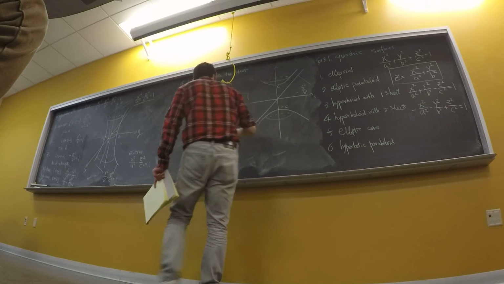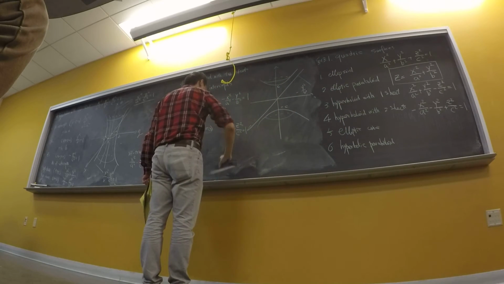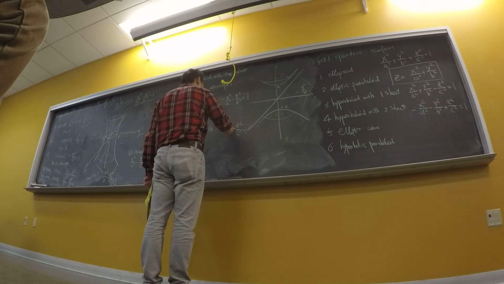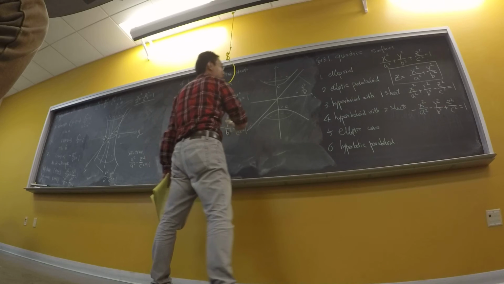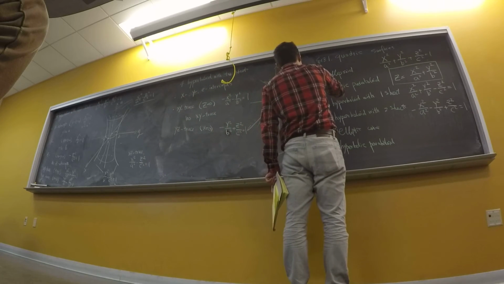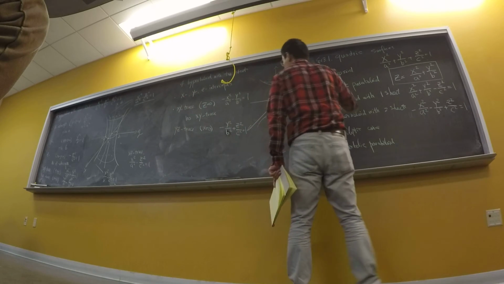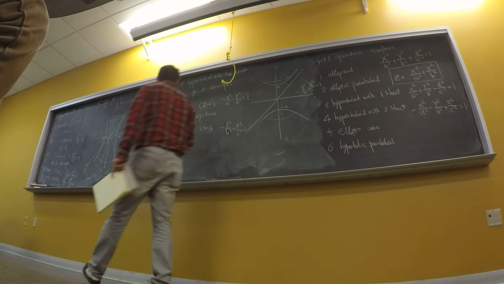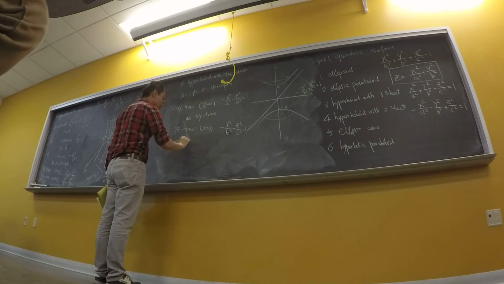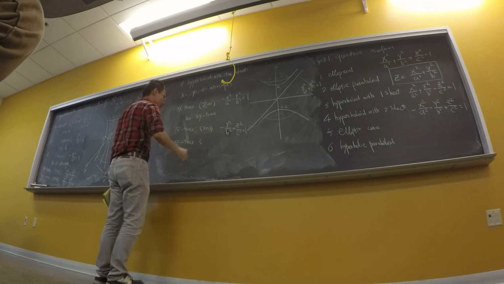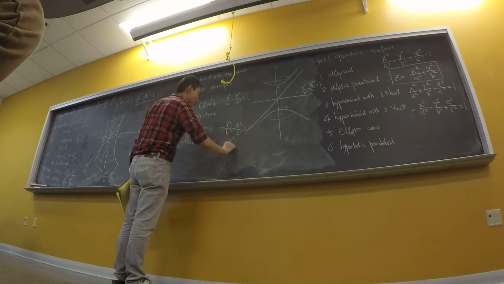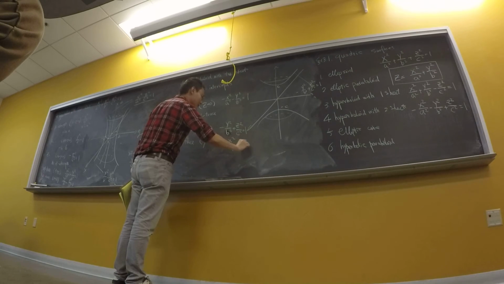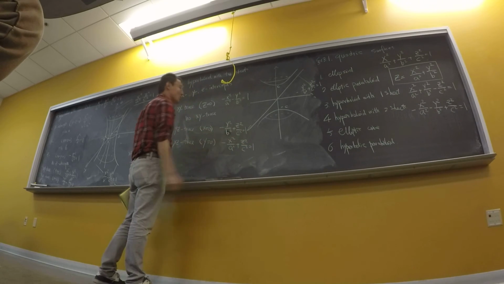And similarly, the xz trace is going to be y equals 0, so it's minus x squared divided by a squared plus z squared divided by c squared is equal to 1.